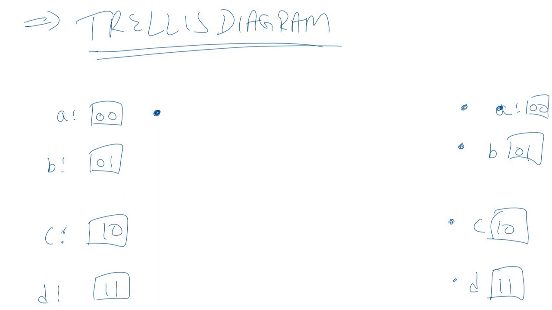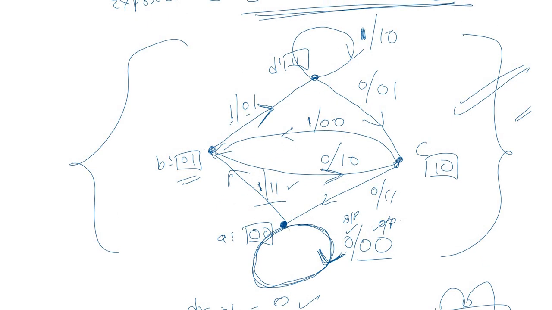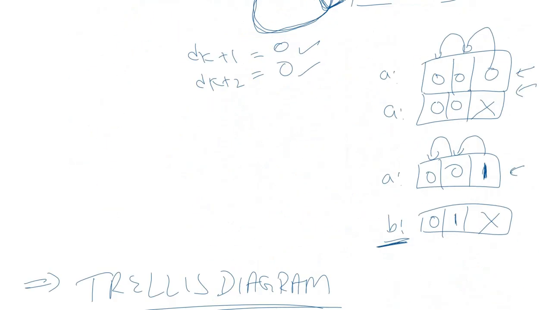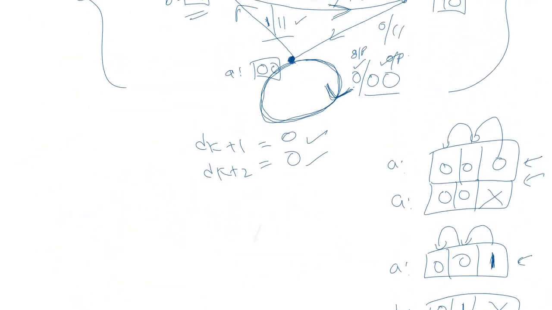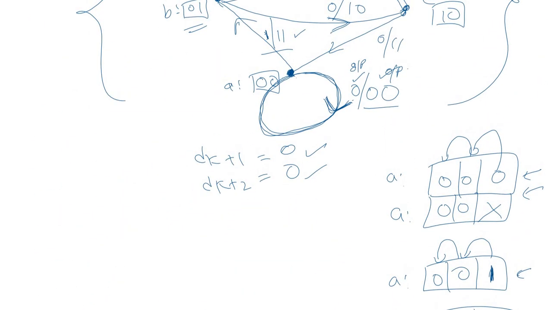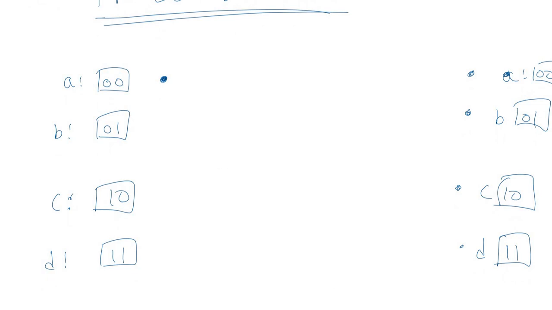As we have seen in the state transition diagram, the transition takes place as we get input bit sequences. Initially we assume that we are at state A and the input is 0. From the state diagram, input is 0 and we are at state A, so it will remain in state A, and the output will be 0, 0.